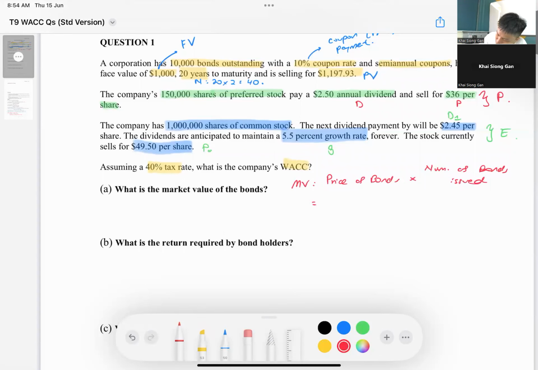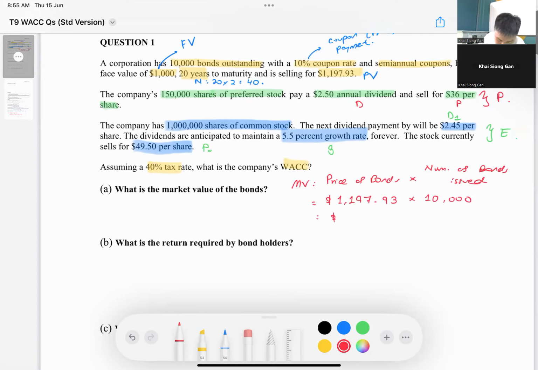Okay, so what is the price of the bond? You have seen that the price of bond is 1197.93, times how many has been issued, 10,000 bonds. So what do you get?